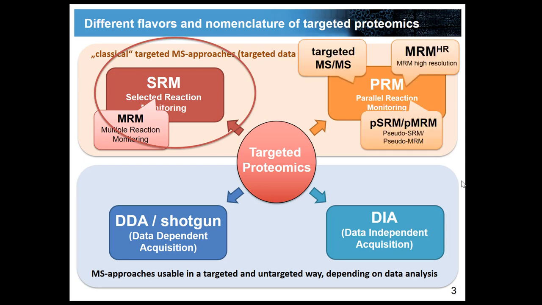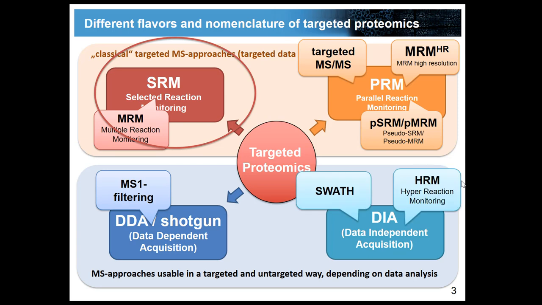For PRM, you find in the literature names like targeted MS/MS, MRM high resolution, pseudo SRM or pseudo MRM. I think the targeted way of doing DDA is what you will hear referred to as MS1 filtering throughout this course. And also for DIA, in a targeted way, we have methods that are called SWATH-MS or hyperreaction monitoring, HRM.